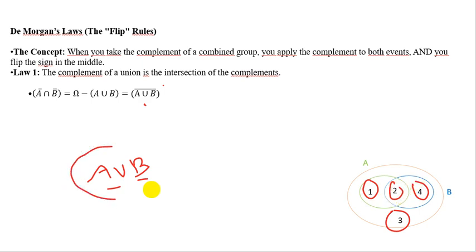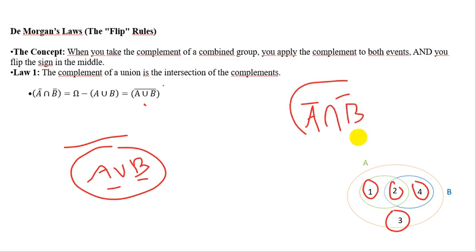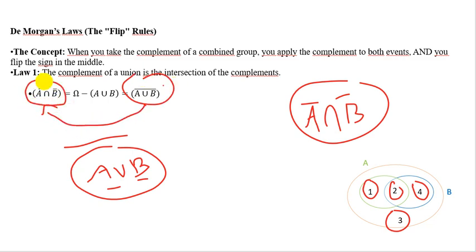So the opposite of this, the complement of this, is simply that it is neither in A nor in B. So it's not in A, and it's not in B. So we can write this complement as this simply. So we can check it.